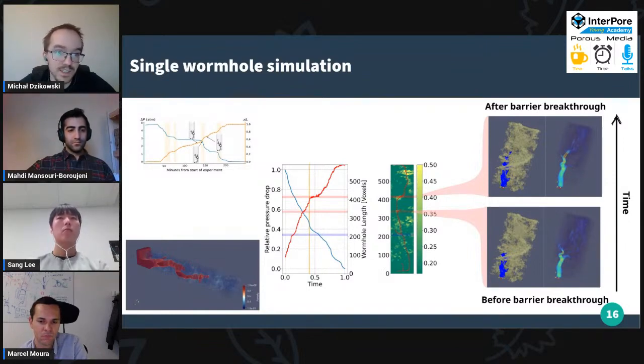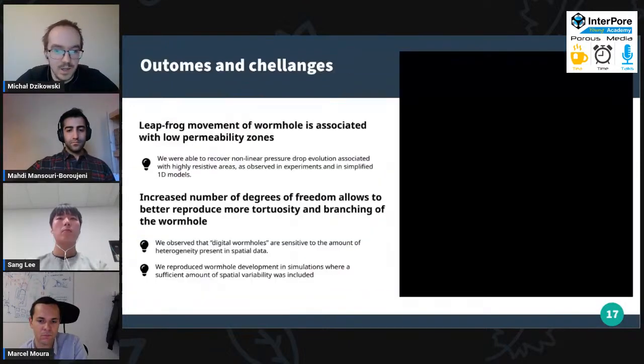We are still processing this data, so I hope that we will be able to illustrate it better. I started actually to stop 2 weeks ago. So okay.